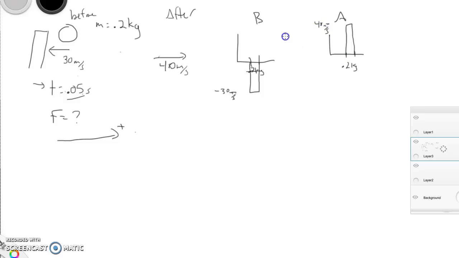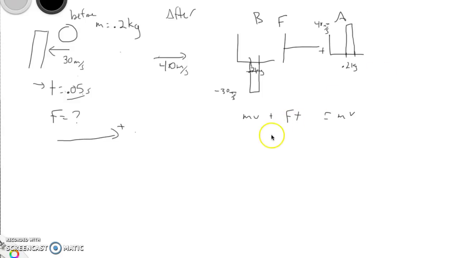In between, it's going to experience some force over some time. So what I want you to do is go ahead and calculate what the force it experiences is. So go ahead and calculate it and submit your answer.